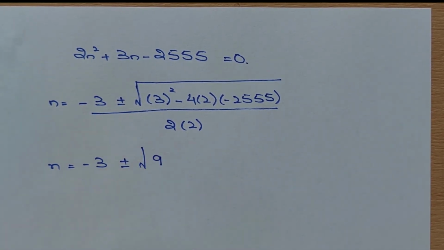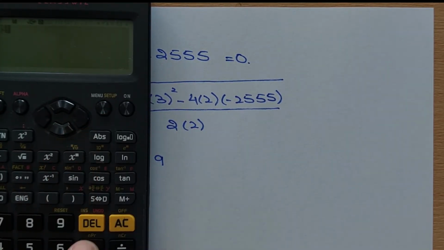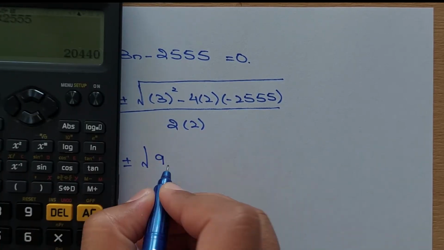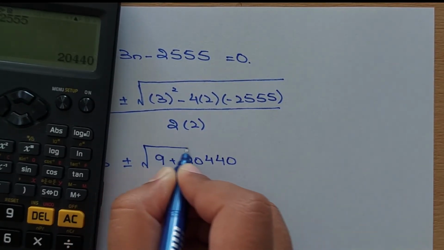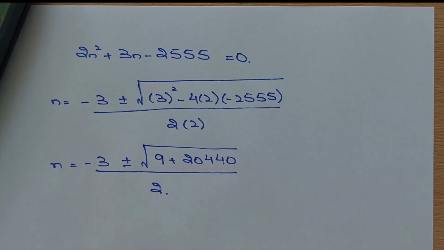Right, so n is equal to minus 3 plus minus square root. 3 square is 9, and negative times negative is positive here, right? 4 times 2 times 2555 we have 20,440, divided by 2.